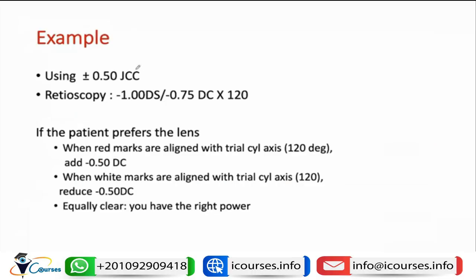Suppose that we are using the plus and minus 0.5 diopter Jacksonian cross cylinder, and we have the trial lens as -1 sphere, -0.75 diopter cylinder, axis 120. We make sure of the axis. By the first step, we adjusted the axis, and we need now to adjust the cylindrical power.